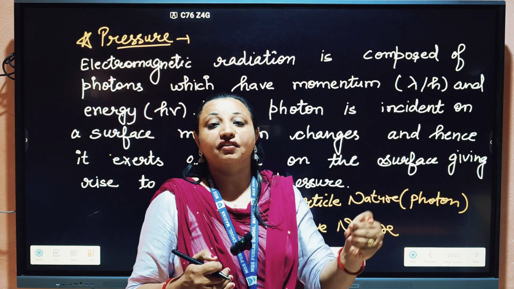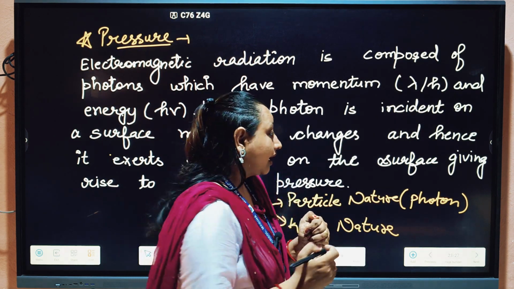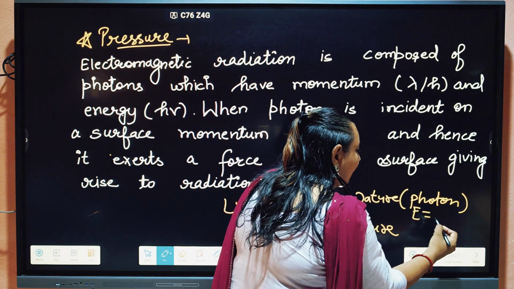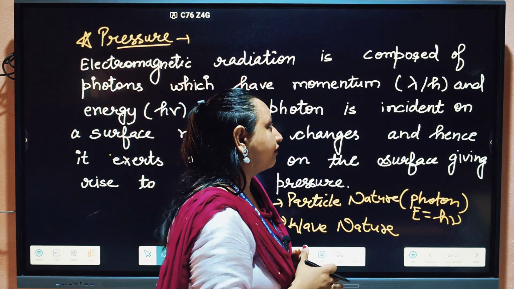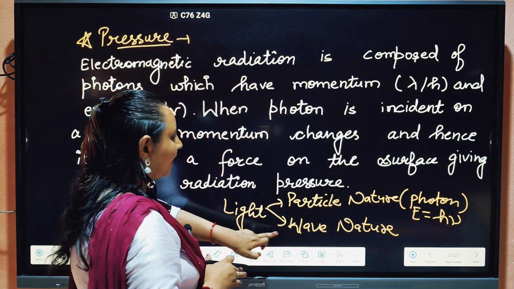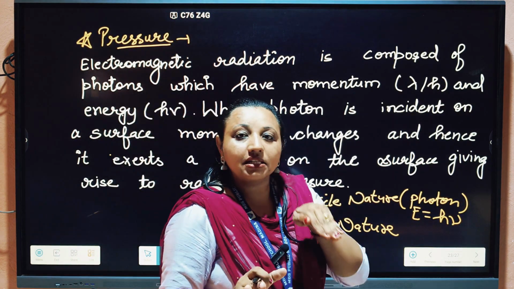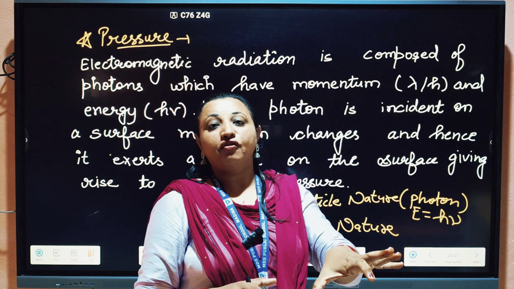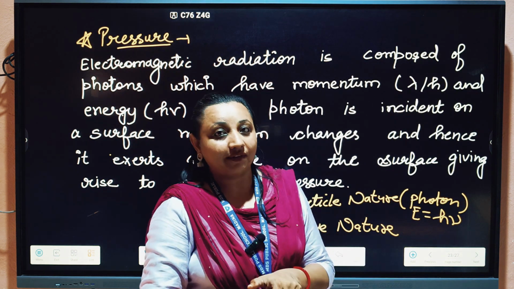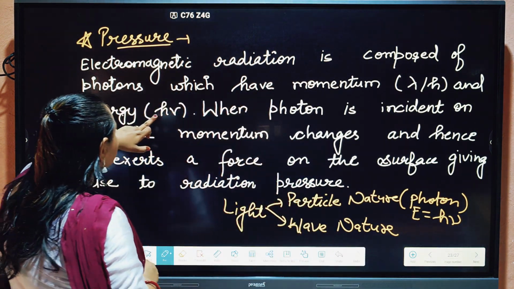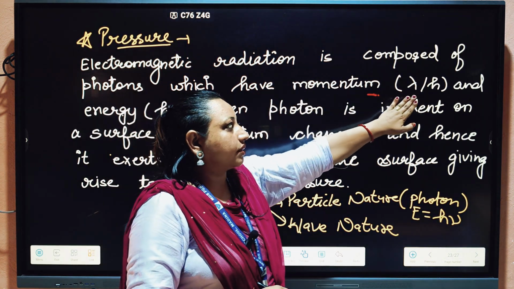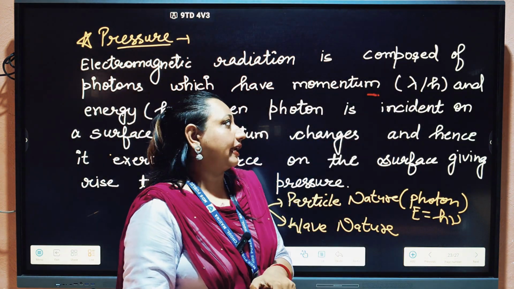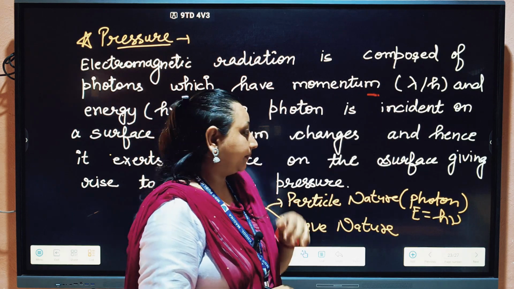The light moves in the form of packets of energy, and the energy is E equals h nu, where nu is the frequency. And when it acts as a wave, it has its wavelength and has momentum. So P is equal to h upon lambda, right?